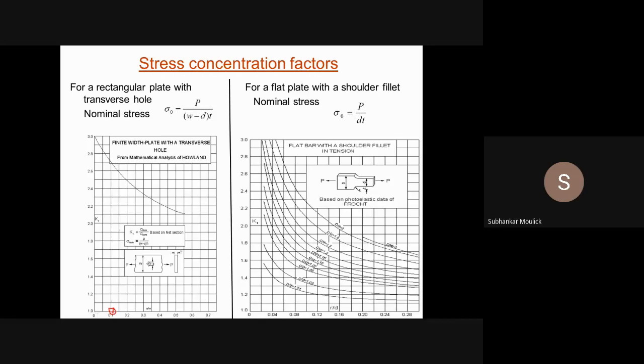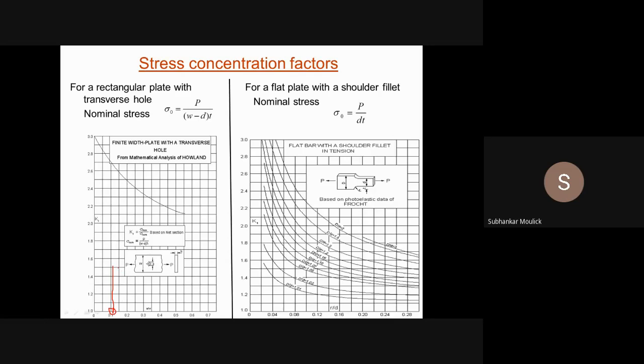So from this particular point, I have to go vertically upward till this graph. The point of intersection of this vertical line and this graph will be a point. From that point, I have to go in the negative x direction till the positive y axis. That value will be my Kt value. Is it clear? Yes, sir. So let us move vertically upward. You will use a scale, okay?